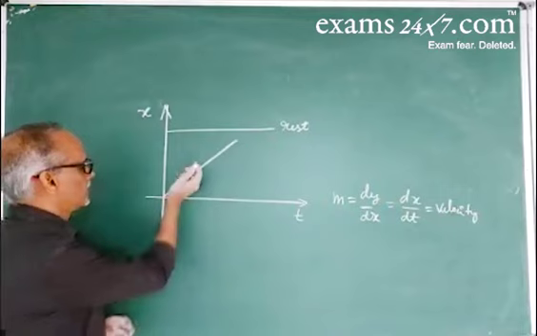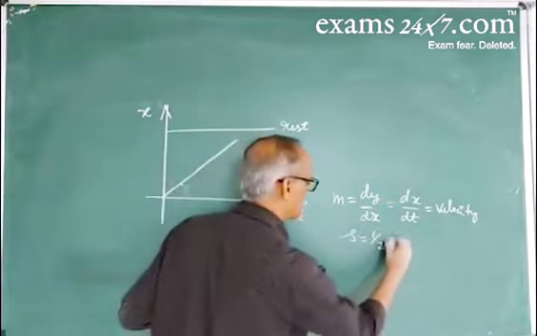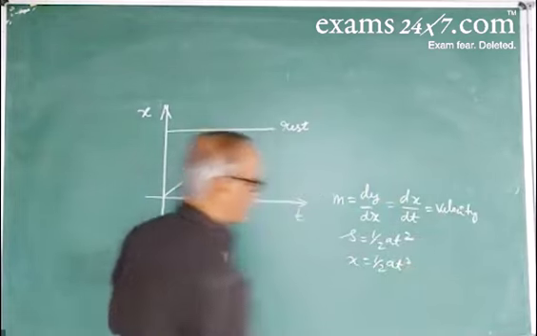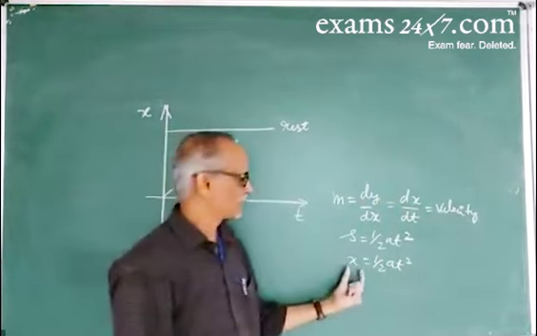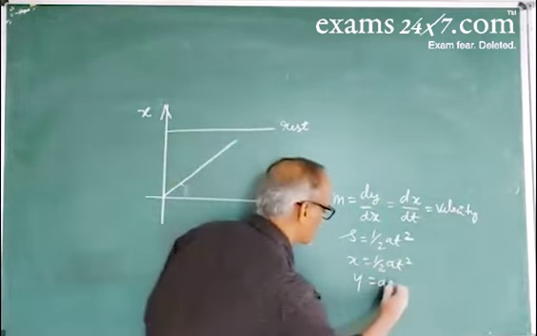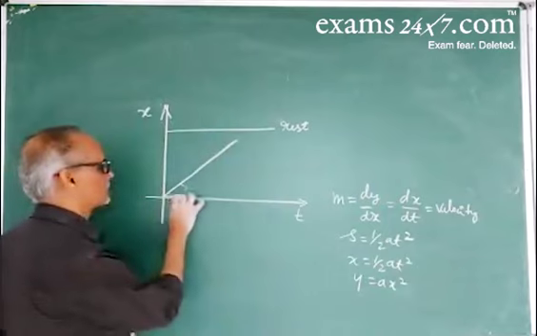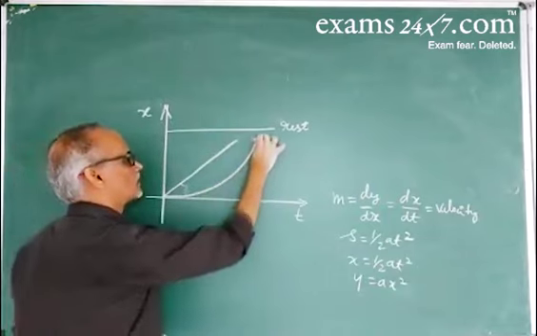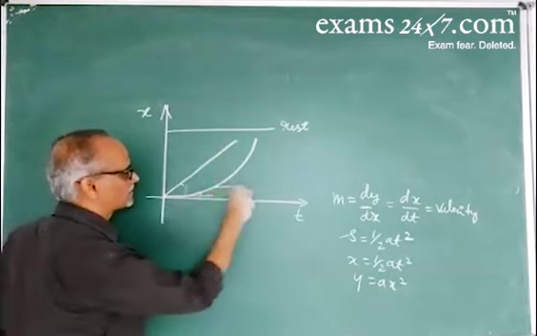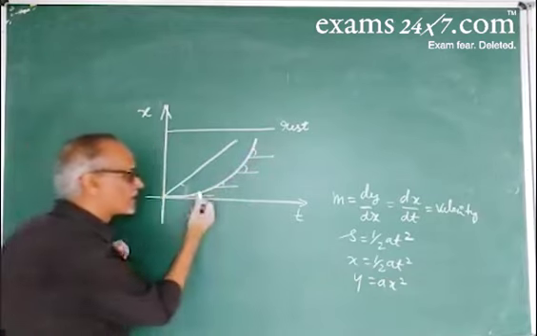And then, if there is a continuous change in the slope, then s is equal to half at square, or x is equal to half at square. So this is of the format y is equal to ax square. Therefore, we get a parabola, where you can see the slope angle theta continuously increases.